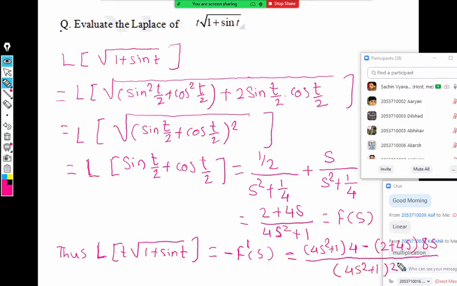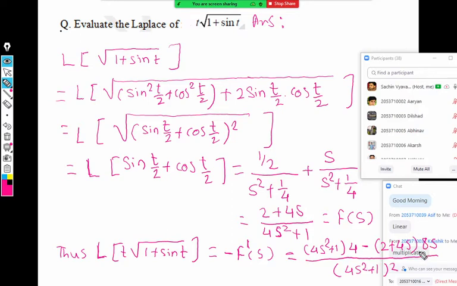Now one last step is left, just a small simplification. Collect the same terms together and we get the answer. I will write the answer on the top side. The answer will be Laplace of t into root of 1 plus sin t. This is 4 into 4s square, that is 16s square, minus here is 32s square.